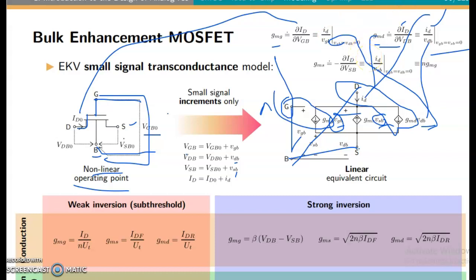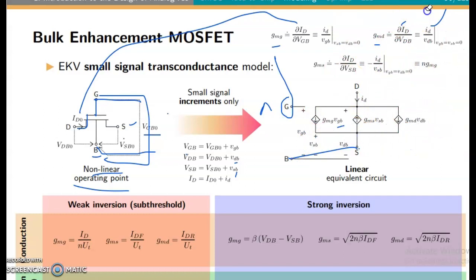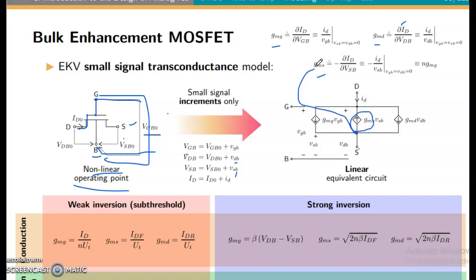Then here GMS in the source. What is happening here? This is the derivative of the drain current ID with respect to VSB. So from the equivalent circuit, small ID and small VSB, the remaining all are 0.